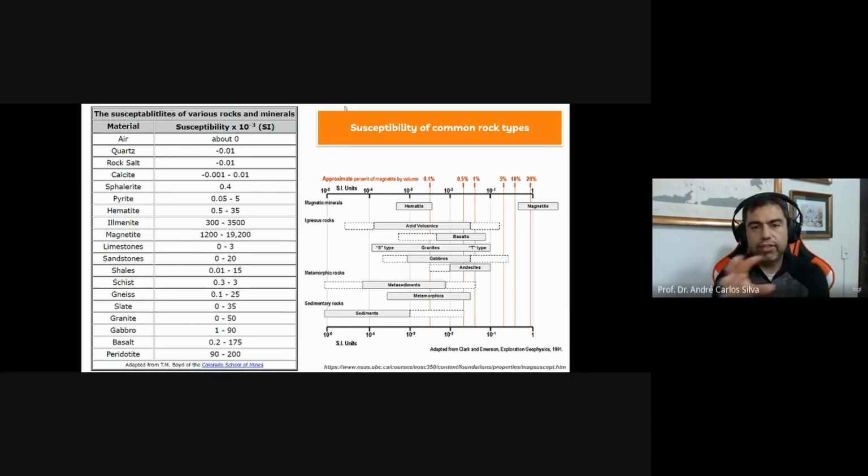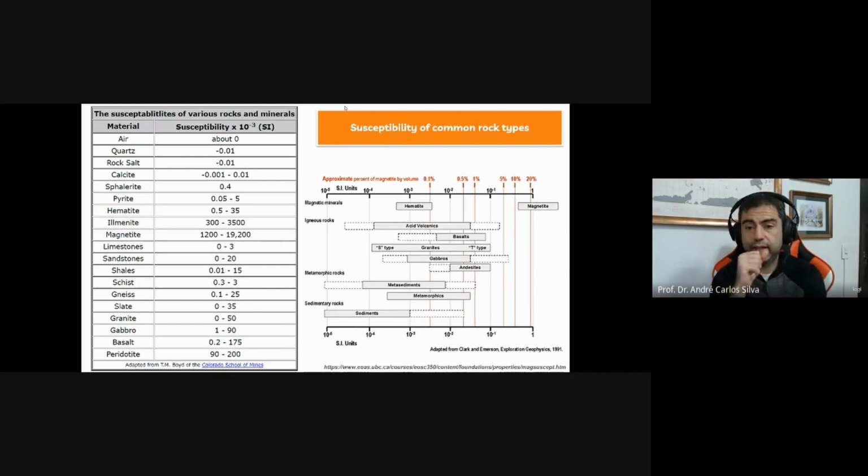And you can eventually see something like magnetite, even peridotite, but it's just to make some contrast. And again, you can see that we have magnetic material or high susceptibility from some materials. Other minerals are completely different. And that's why you can exploit this property to separate your material.